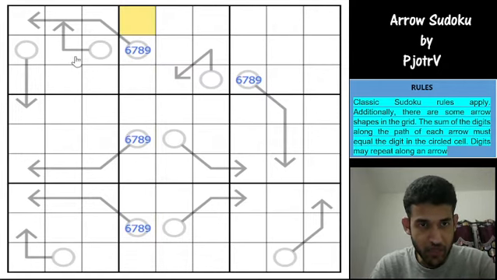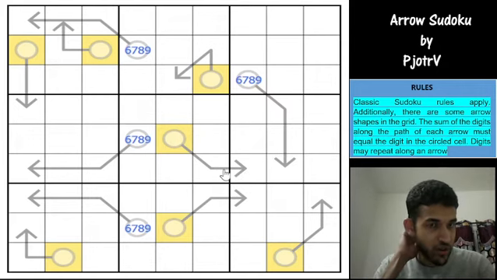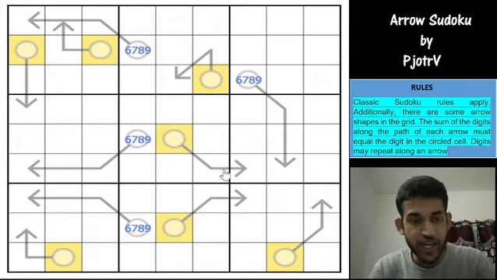We don't have any more circles that are really interesting to us. All these circles, if you see, everything the author has carefully designed in such a way that all these circles are only having two cells in the stem of the arrow. So you can't get any information from that.